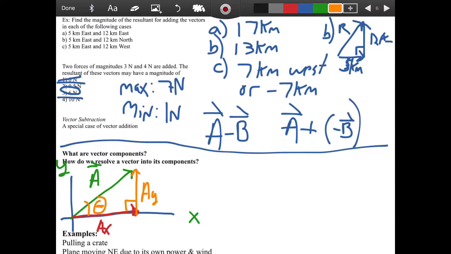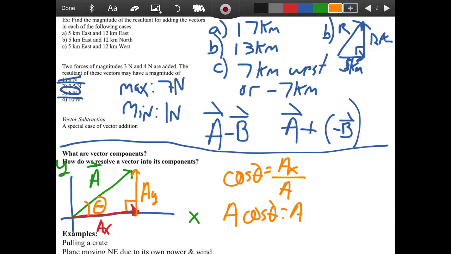So resolving it into components. Now, we could easily just use trig and say the cosine of theta is equal to the adjacent, which is ax, over a. So then I can cross multiply, and I get a times the cosine of theta equals ax.